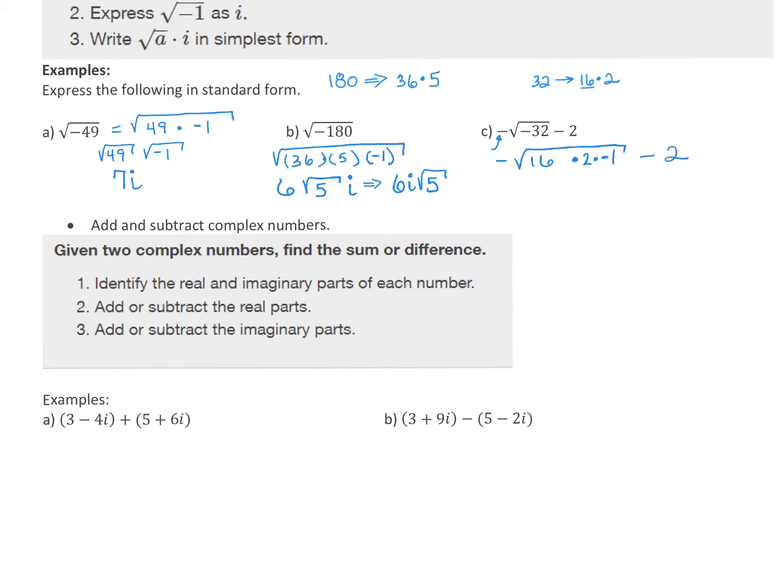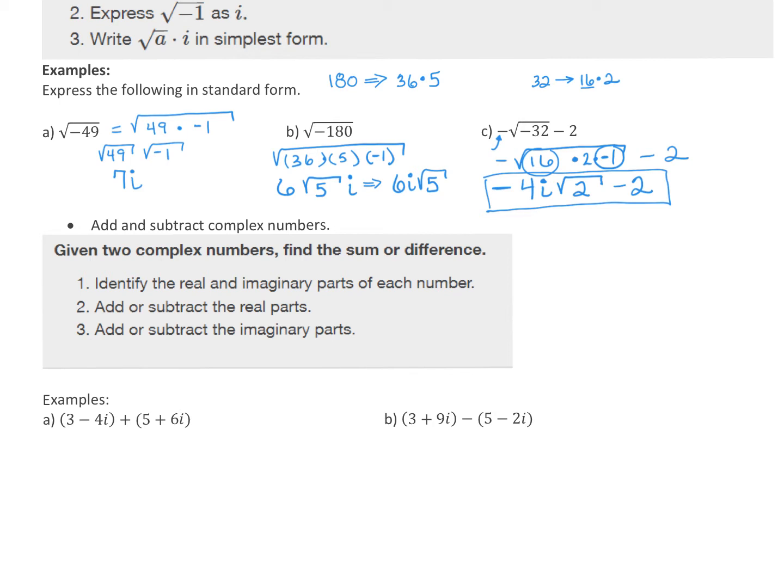So in this case, we're going to get negative. Square root of 16 is 4. Square root of -1 is i. Root 2, because we can't take the square root, and then we will subtract 2. So our final answer here was minus 4i root 2 minus 2.